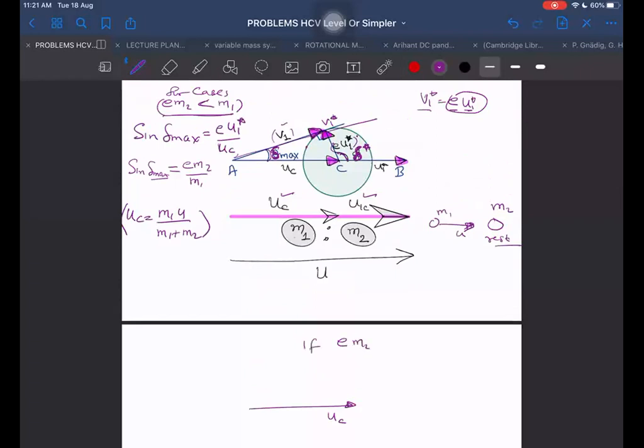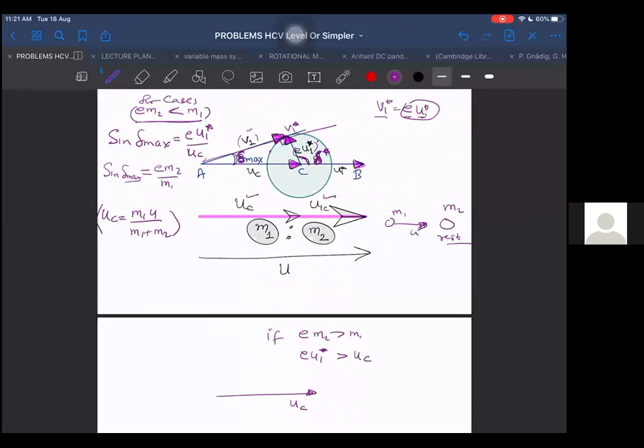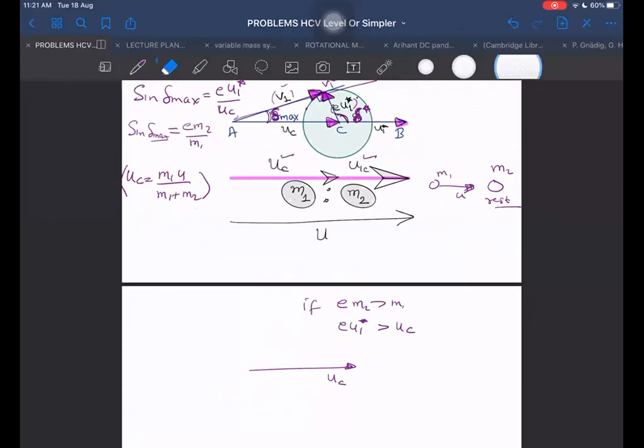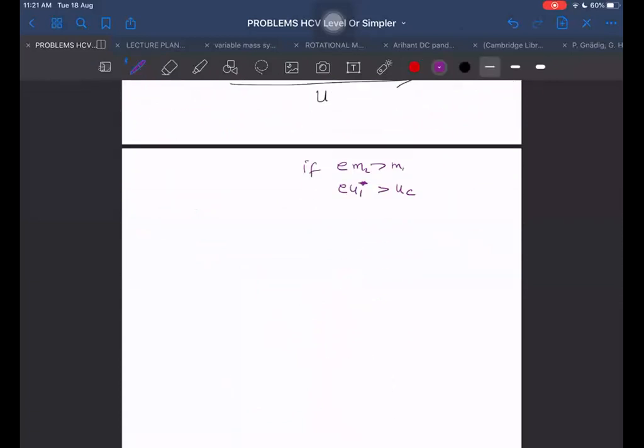If E into M2 becomes greater than M1, then automatically E into U1 star will become greater than UC. Let us say this is the case when E into U1 star is greater than UC. This is UC, this was U1 star, and this E into U1 star is also greater than this. So we can make a diagram for it.